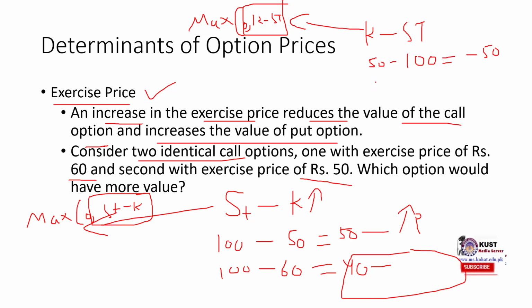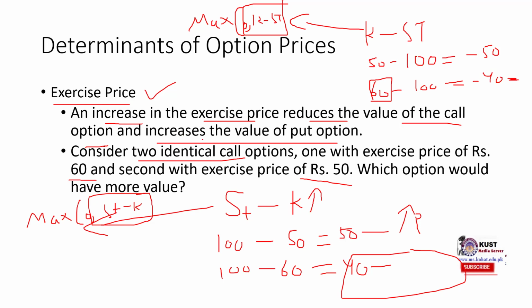And if K is 60, we get the value of minus 40. Which option has a higher value? Obviously this minus 40 has a higher value. Minus 40 is greater than minus 50. So as K increases, the value of the put option increases.